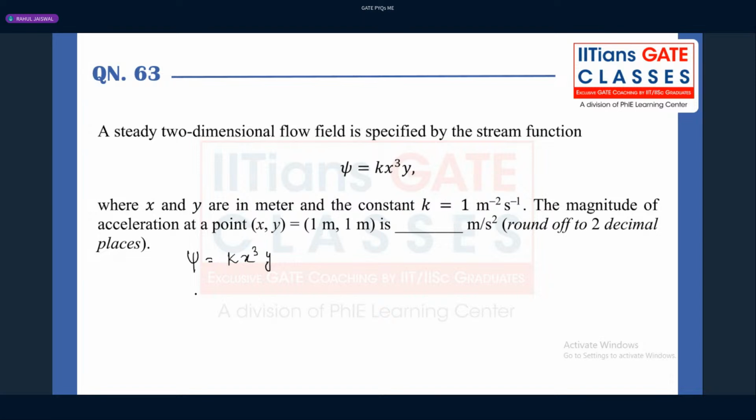If you try to differentiate the stream function partially with respect to any direction, it will give the velocity vector which is perpendicular to that direction. That means if I try to write u, you have to write minus dou psi by dou y, and whenever you are writing v, you have to write dou psi by dou x, where u and v are the velocity components in x and y directions.